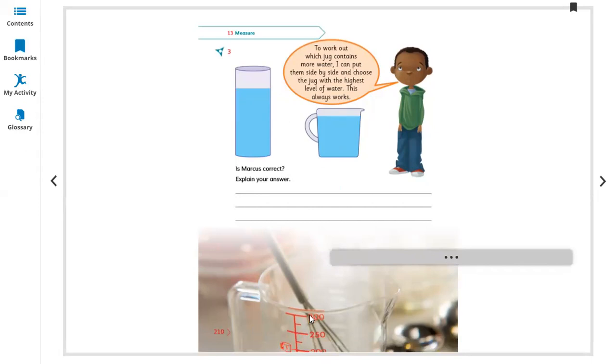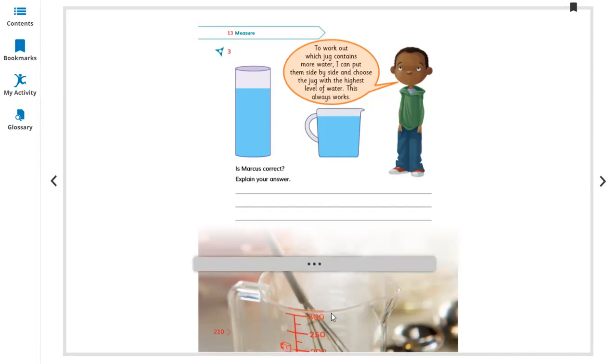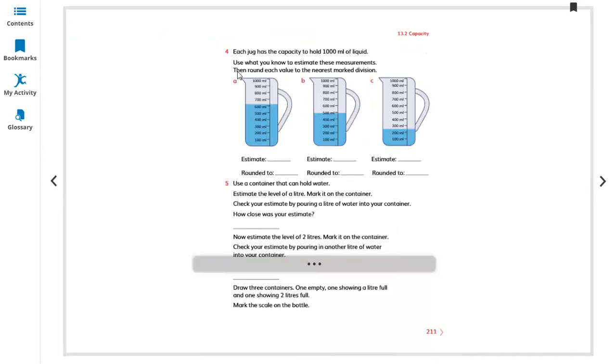You can see the small cup. It's written here 250, 300, 200. You can find this kind of cup at home for making some kind of egg shake or milkshake, for beating the eggs. Okay, so question number 4.